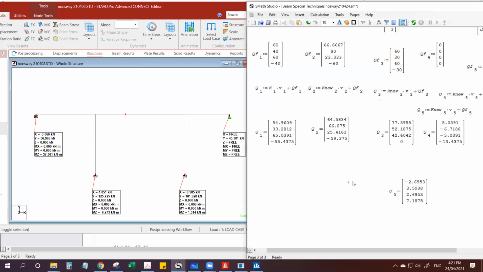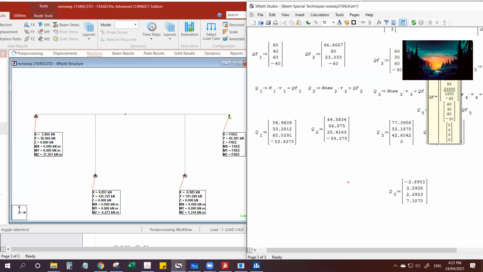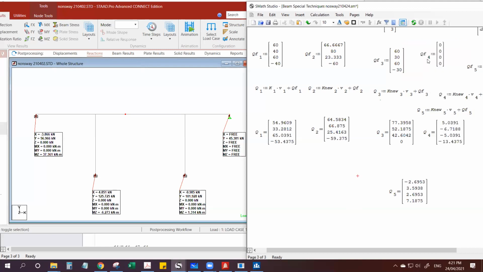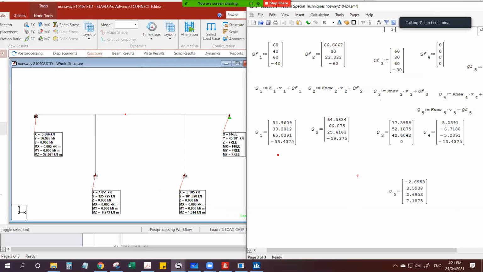Okay, so you see, Q1, remember, this is the vertical and this is the moment, the second one. So I'm getting 33 as moment. STAAD is getting 37.